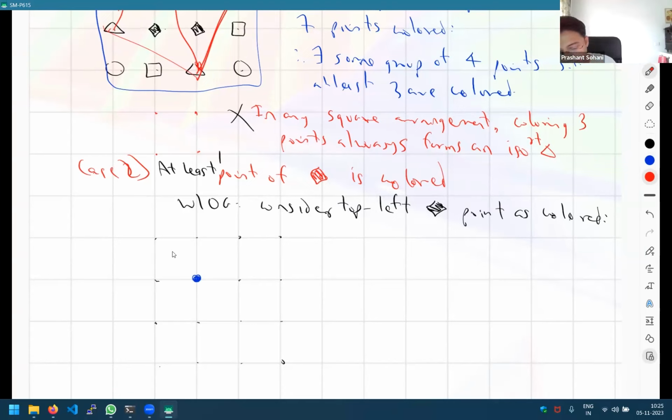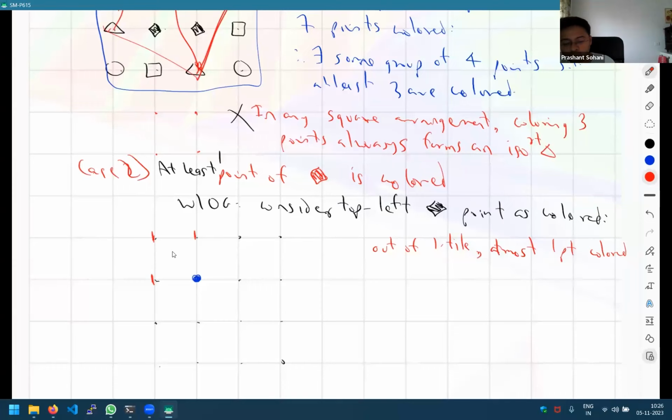So for example, let me just mark here as tile 1. Okay. So number 1, they are all going to form one tile. And so if you see, out of the ones, at most 1 point can be colored.